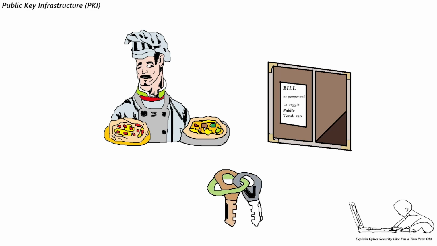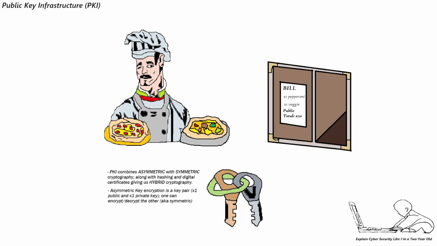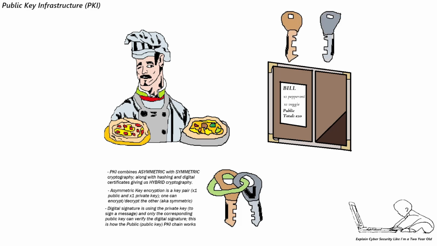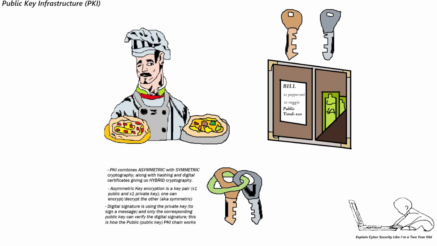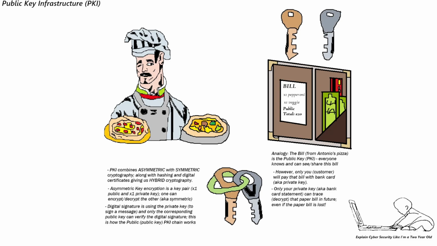So, whilst everybody may know your bill, not everybody knows the card or payment method that you will pay with. After all, you might lose the public paper bill or receipt used to pay. However, you will always have your bank transaction from the payment method you use to settle the bill, which you can use in the future to correspond one with the other. To apply this principle to the earlier example, imagine that the paper bill and the payment card is what goes into the certificates in the certificate chain of trust.